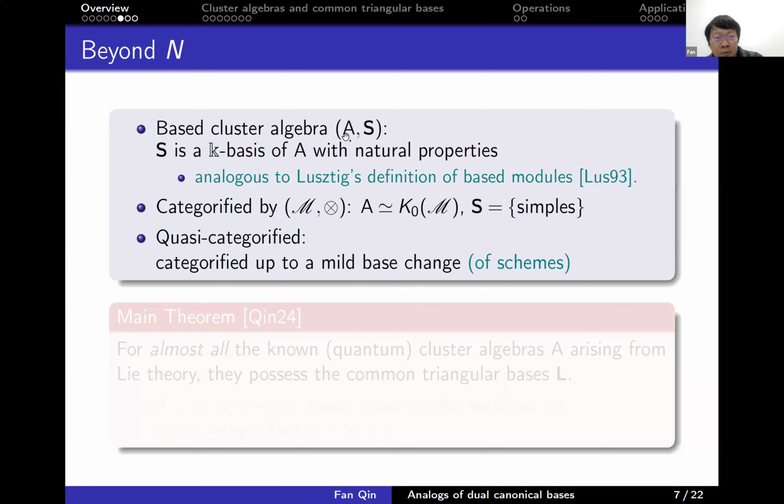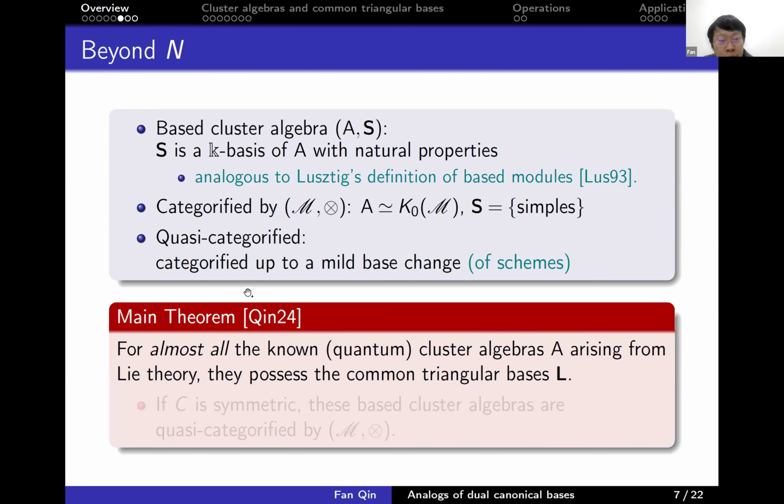quasi-categorification if the algebra is categorified by this monoidal category after you do a base change of this algebra, or in terms of geometry, that you do a base change of schemes. So I guarantee that if you do a mild base change, this usually does not change too much about the algebra, and most properties are still preserved. Okay. And now the main result is the following.